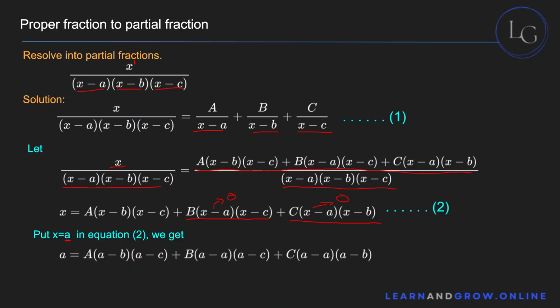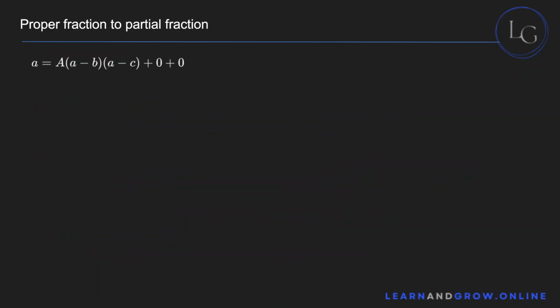So we're just left with A into a minus b into a minus c. Now we get the value of capital A is equal to a over a minus b into a minus c.